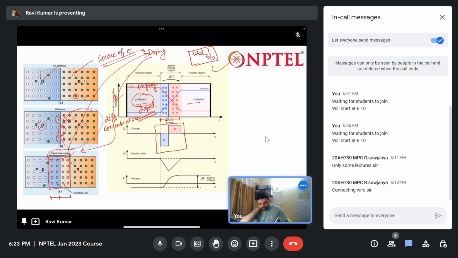Sorry, it is the charge. In P type these are the positive charges, these are the negative charges. And this is the electric field variation, and this is our potential difference variation. Yes, this is the formula about which I am talking.